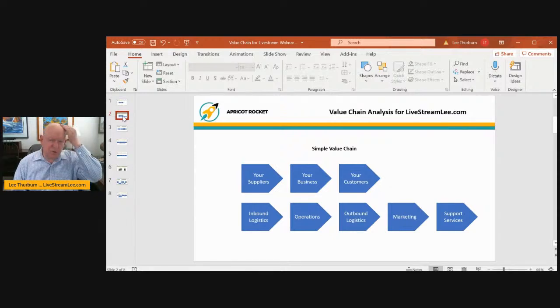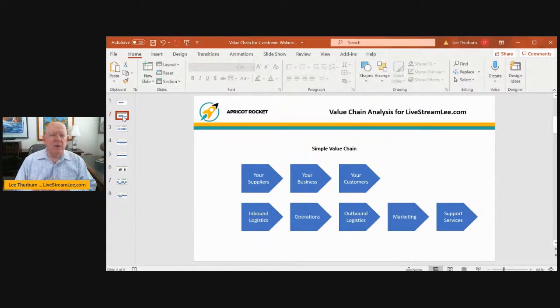But in any event, you have operations that you perform to add value, and then you have outbound logistics. Outbound logistics are the steps that you go through to get your product into the hands of the customer that you're doing business with. Now, all businesses have as a primary function the marketing effort that they have to engage in to get the client or clients that they have. And all businesses have some level of service and or support services that they provide after the fact.